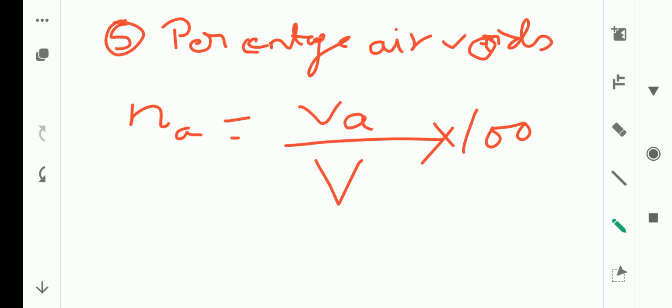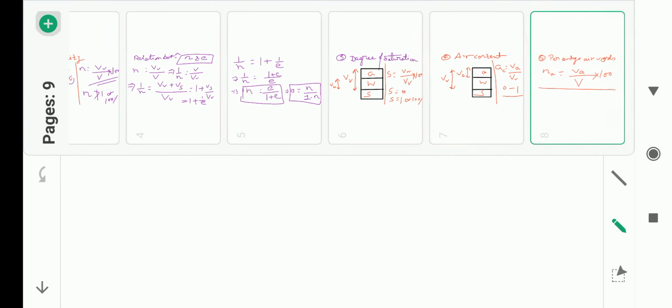So we defined 5 terms, right? The terms like void ratio, porosity, degree of saturation, air content, and percentage air voids. Now there is a relationship between air content and percentage air voids, right? Let us see that relation.